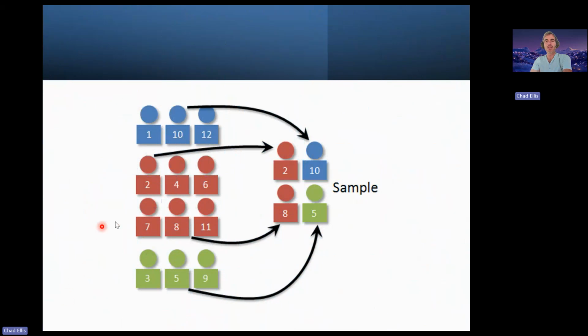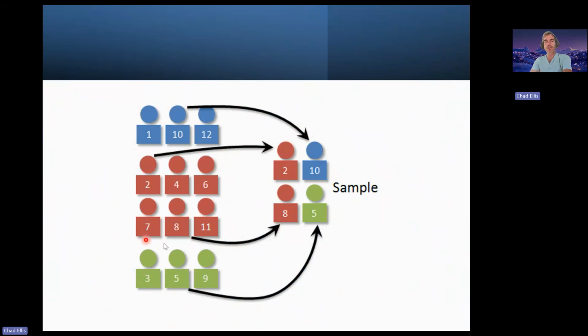So what do I mean by this? Well, imagine you have a population, right? And the population has 12 people in it, but your total overall population has double the amount of red people compared to blue people and green people. If you want your overall sample to be representative of these different colors, you're not going to go out and just pick at random between all these 12 different individuals.